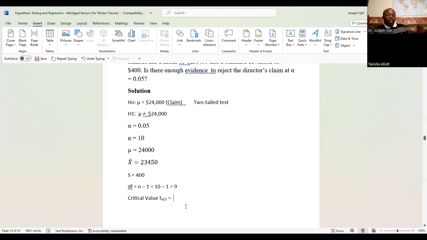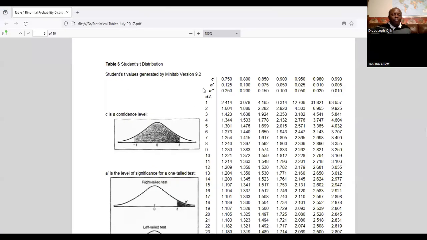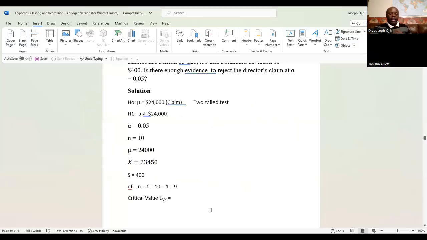So we go to the table. 0.05 is right here on 9 degrees of freedom. Let me make sure I have the correct alpha: yes, 0.05 and degree of freedom of 9.